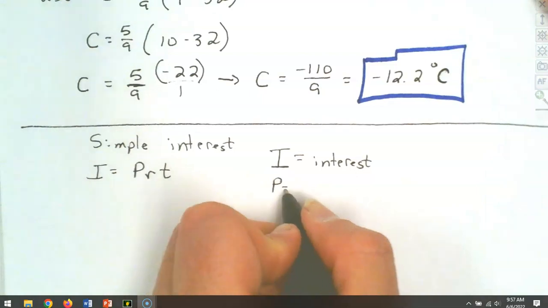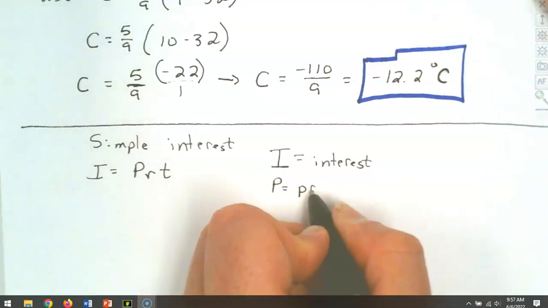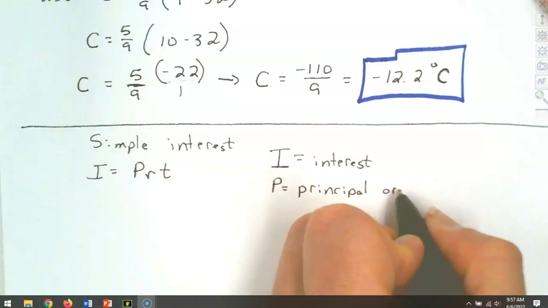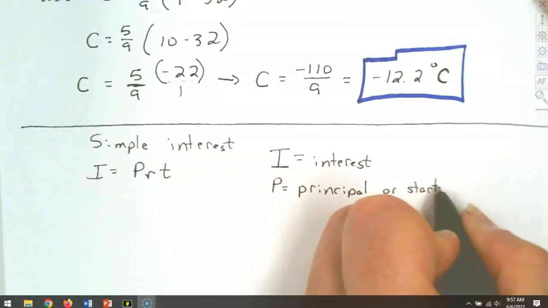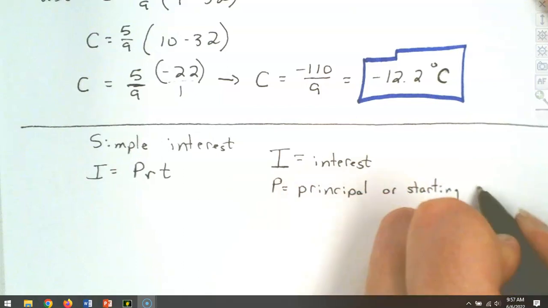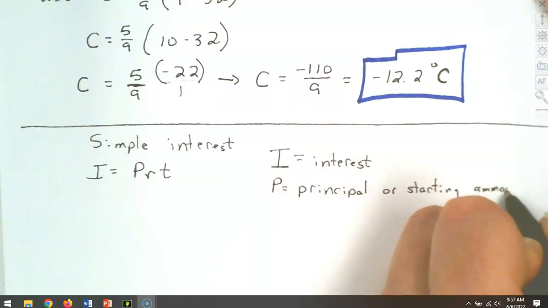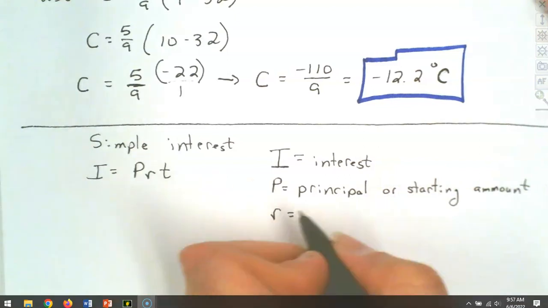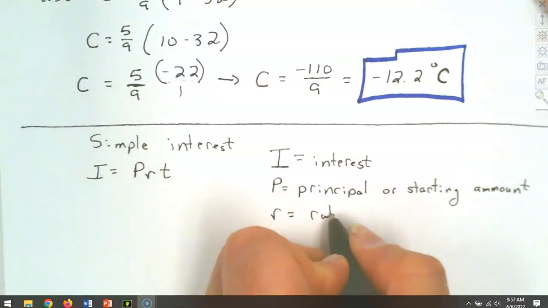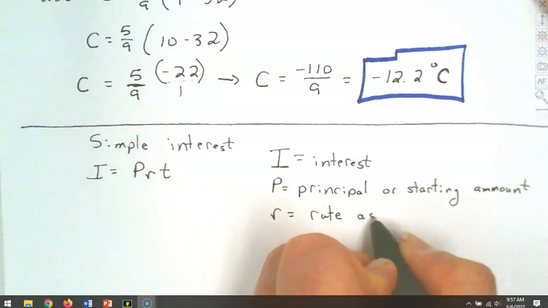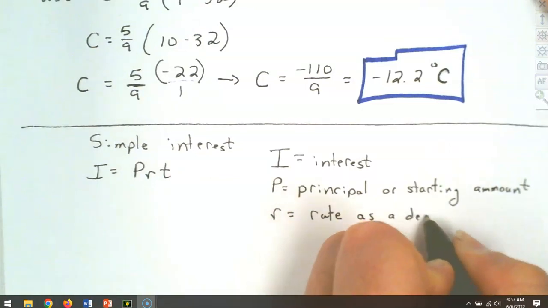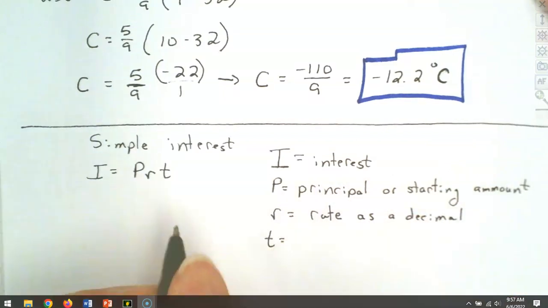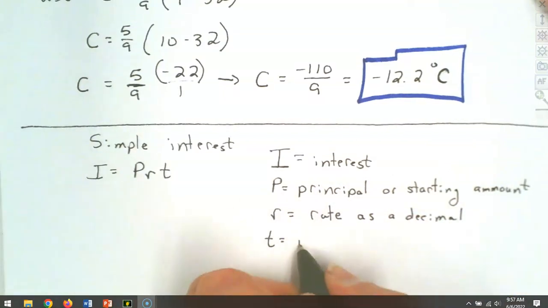P is the principal or the starting amount. R is your percentage rate as a decimal. And T is the number of years.